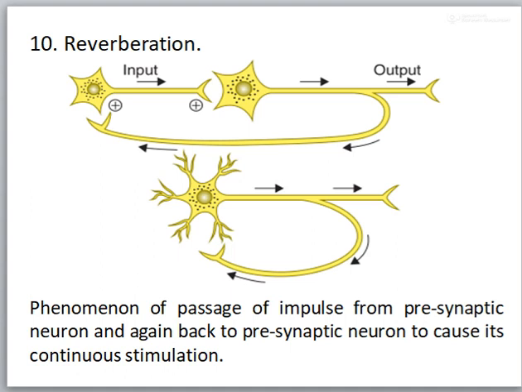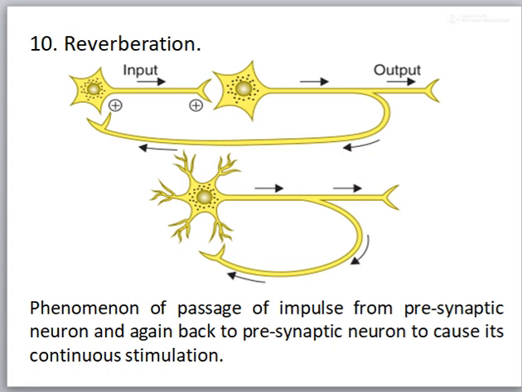Now, reverberation. Reverberation is the phenomenon of passage of impulse from a presynaptic neuron and again back to the presynaptic neuron to cause continuous stimulation of the presynaptic neuron.